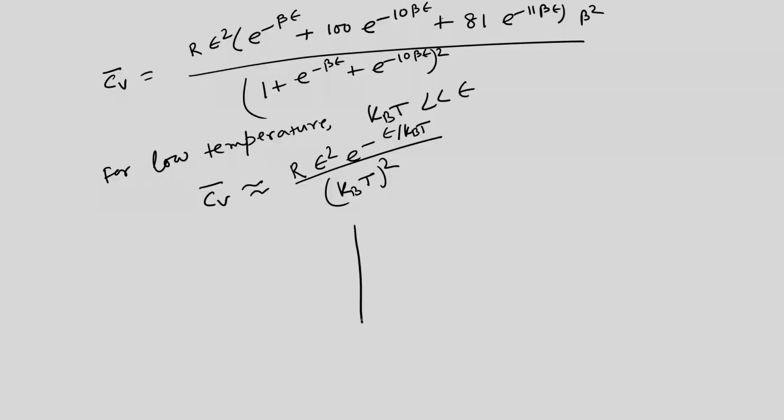So, if we plot now Cv bar versus absolute temperature, this expression of Cv bar at low temperature contains one decreasing function of temperature and another increasing function of temperature. Okay. So, it will pass through a maximum. So, you get something like this.